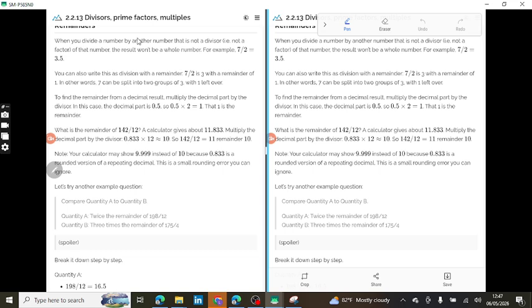If you have a calculator, use the calculator. 198 divided by 12. Can you get it? 16 point something.